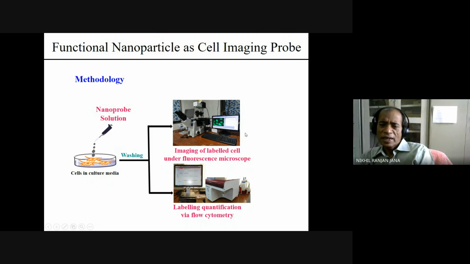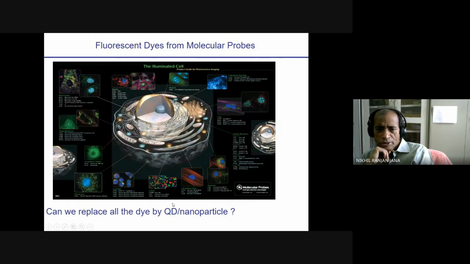And after washing and processing, we have to measure by microscopy, fluorescence, or any other microscopies. Ideally, we need to label different parts of cells. If they are fluorescent, quantum dots, for example, very powerful materials, we need to design quantum dot based probes with different surface chemistry, so that they can label different parts of cells.